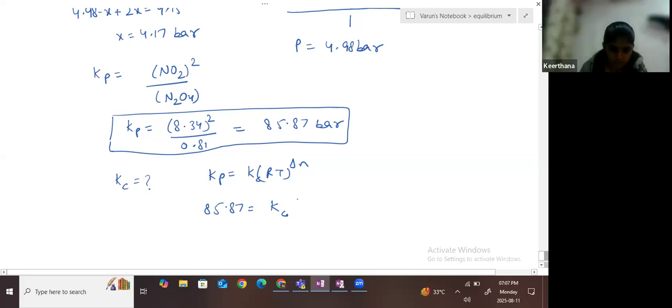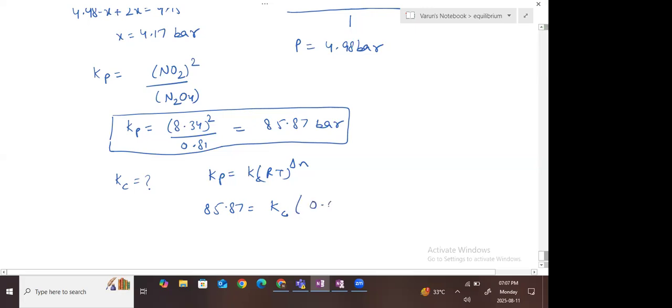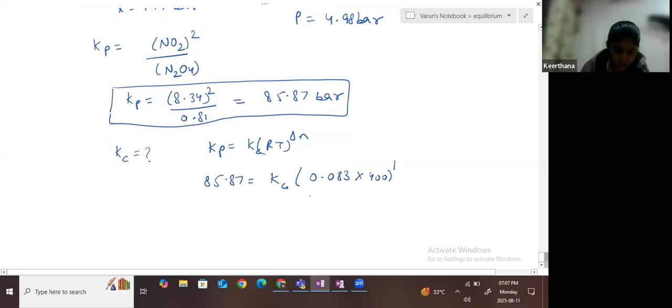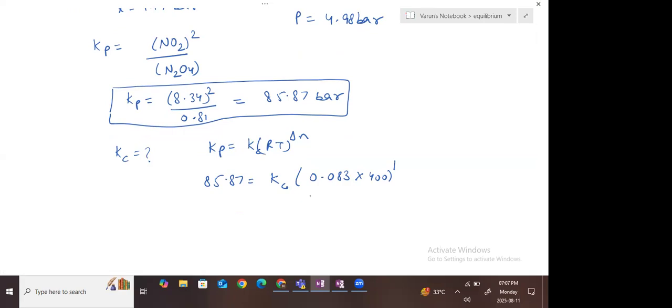R is 0.083, temperature is 400, and delta n is 1. Clear? When I solve it, I will get the value of Kc as 2.58.